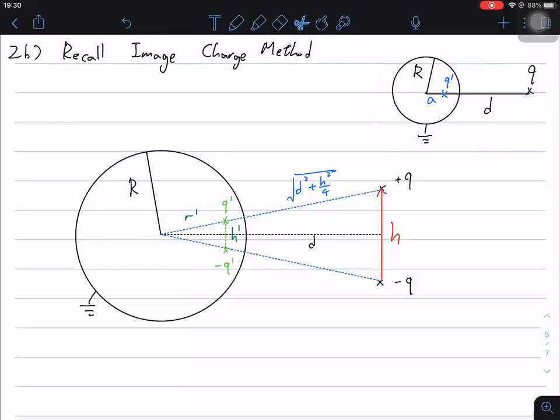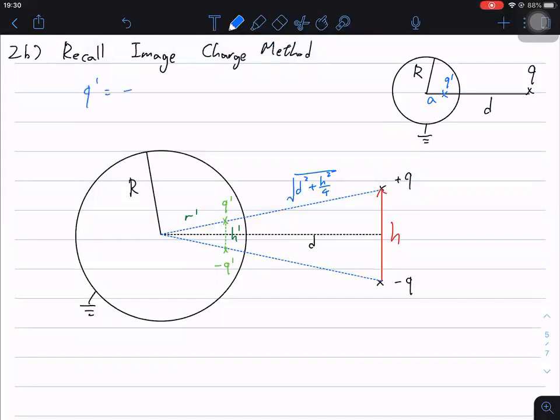So for the case of a grounded spherical hollow conductor, if we put a charge Q at a distance d outside the sphere, by using the image charge method, we can put another image charge Q prime inside the conductor.